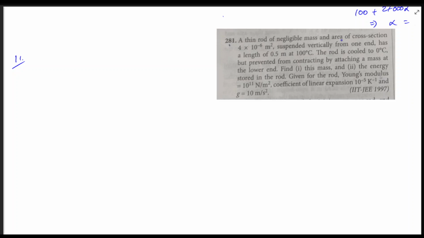So we have a thin rod of negligible mass and a given area of cross section. The mass of the rod is negligible, and it is suspended vertically from one end. It has length 0.5 meters at 100 degrees Celsius and area is 4 into 10 raised to power minus 6 meter square.